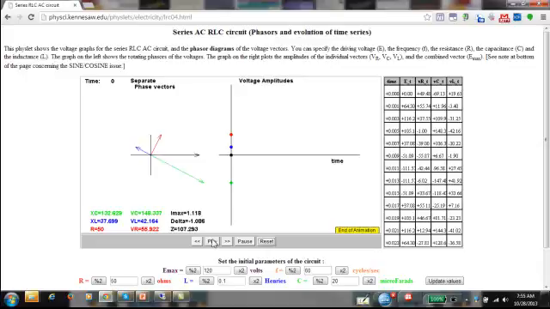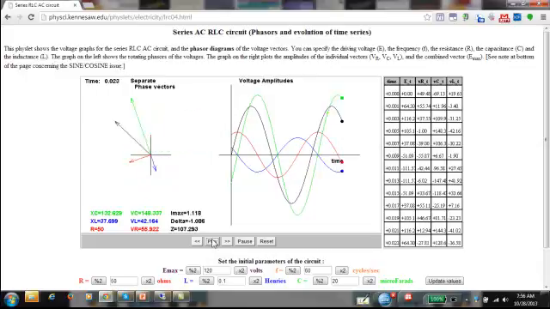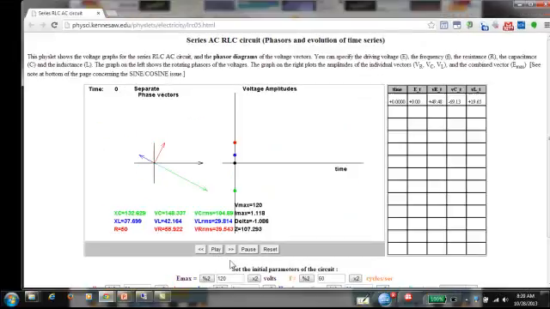And as time progresses, you are going to see this is progressing. See it, it is rotating. Note the following. As I play it, the vectors are going to rotate as time increases, and they're going to rotate in the counterclockwise direction.